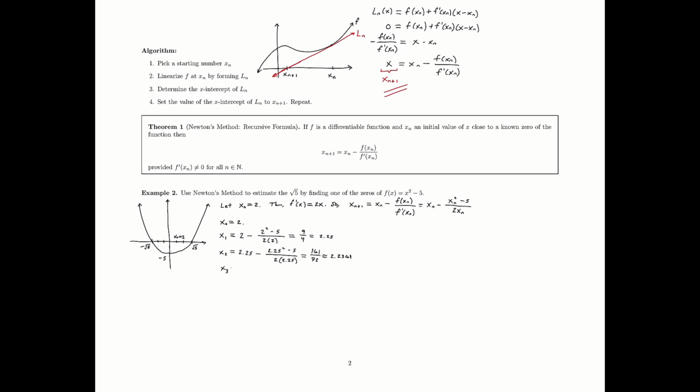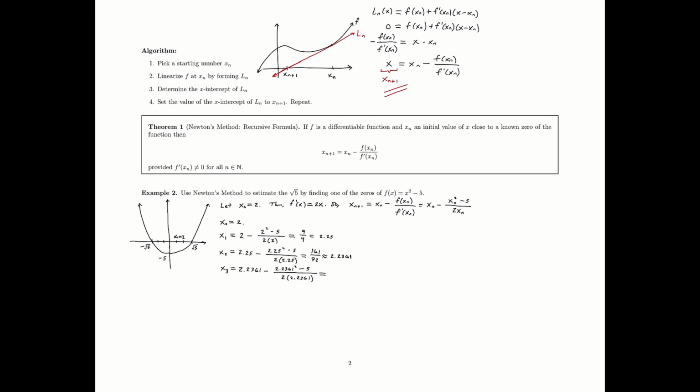Similarly, we're now going to go ahead and take this value as our next input. So I'm not going to write this number out each and every time. It's a lot to write out. I'll do it anyway. Okay, we'll just do it this time. 2.2361 minus 2.2361 squared minus 5 all over 2 times 2.2361.